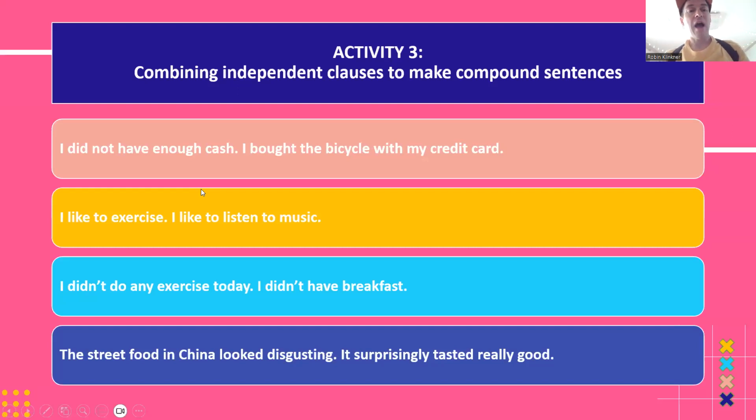Here's an example. These are 2 independent clauses. I don't have enough cash. I is the subject, have is the verb. The second independent clause, I bought the bicycle with my credit card. I is the subject, bought is the verb. So we want to combine these using fanboys. So what is the correct fanboys to use here?